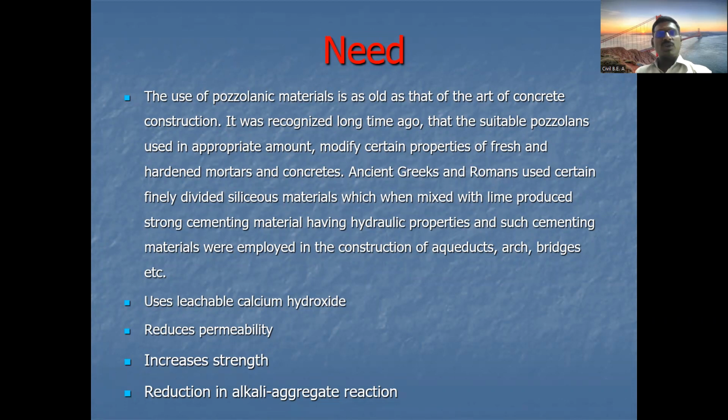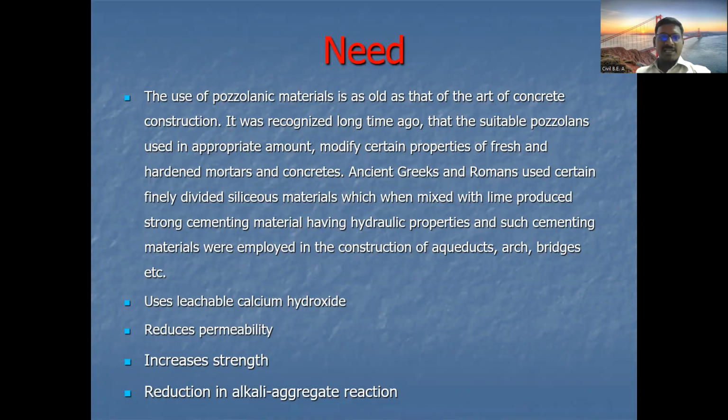If we use the pozzolanic material as an admixture, we can reduce the permeability of the concrete. Permeability of concrete means whatever porous part of the concrete is there, that porous part is reduced. Also, we can increase the strength of concrete if we use the pozzolanic material while mixing the concrete. And also we can reduce the alkali aggregate reactions.